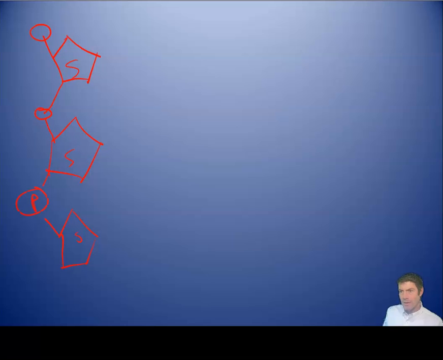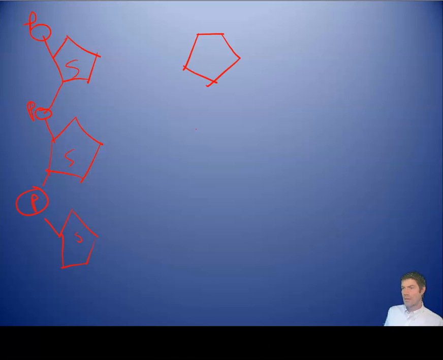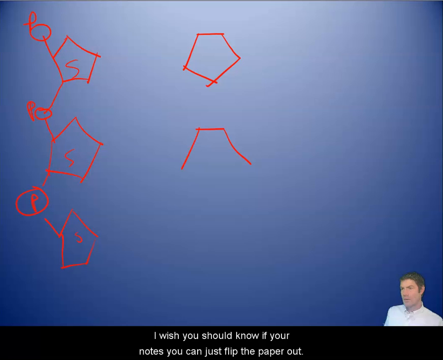I'm going to label that a P right here. I'm just going to erase it, but let's leave it there. So I got my sugar phosphate backbone. And to make it easier, I'm going to go ahead over here and draw my sugars upside down. Just draw them upside down. If you have a piece of paper, which you should, for your notes, you can just flip the paper around.